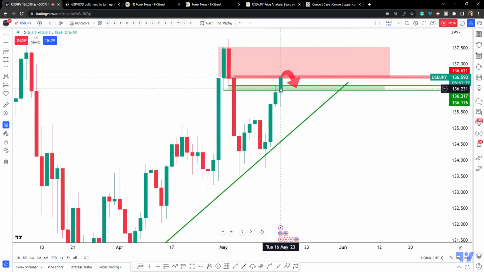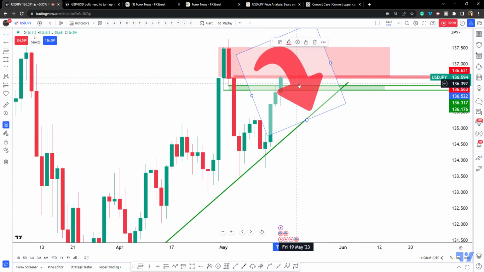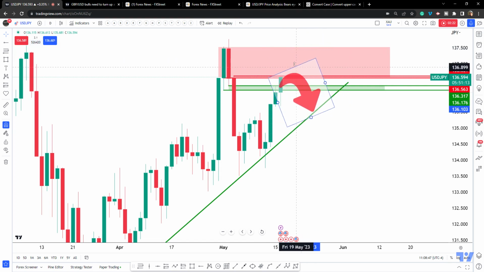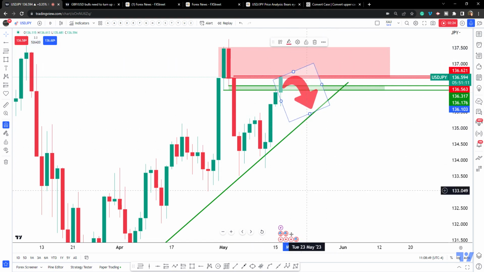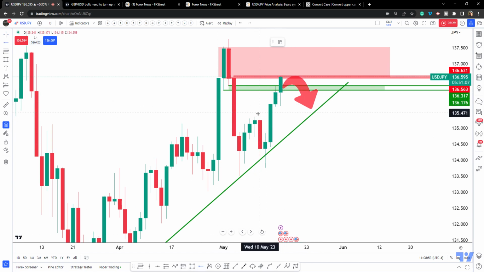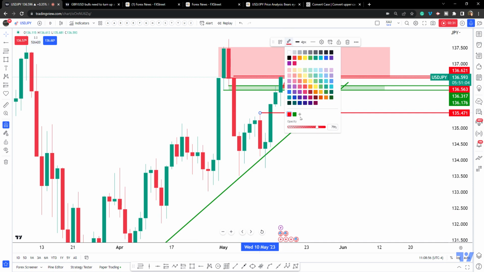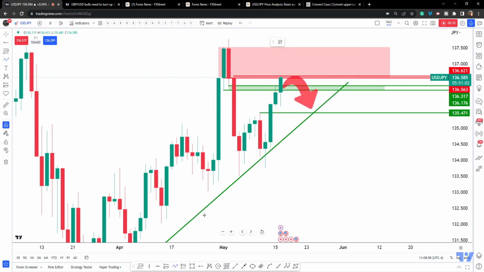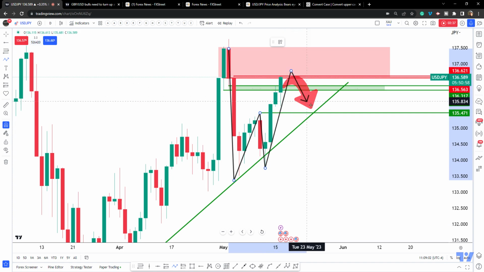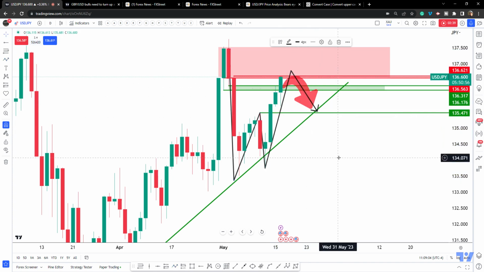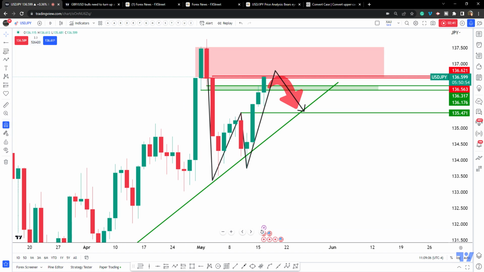Now, if this were to fail as support, then I'd be looking for a deeper correction towards the trend line that marries up with the neckline of this W formation. So coming into here, and I'd be pulling up as I start to see a deceleration on the close of this candle lower.